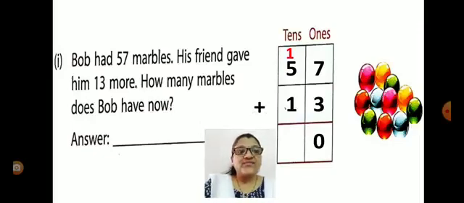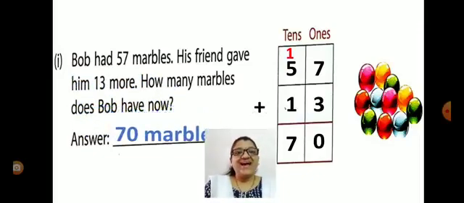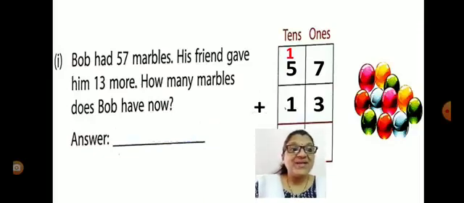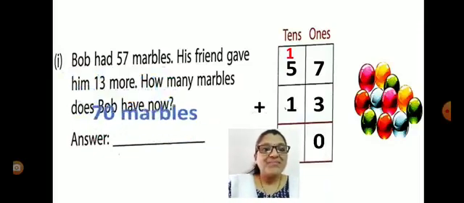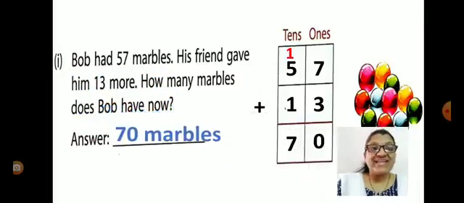So 1 plus 5 plus 1 equals 7. So our answer is 70. We have to write it in the given blank space, that is 70 marbles. Yes. Now the next example we will see.